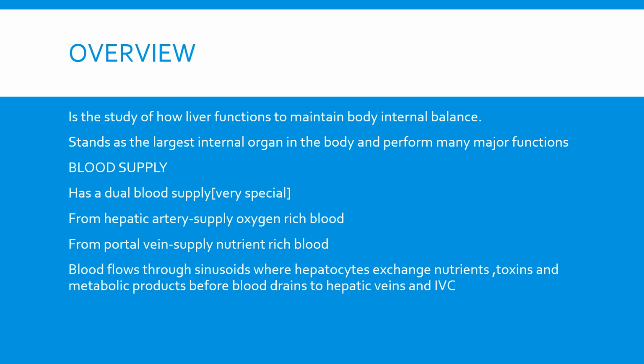The blood supply of the liver is very special and unique because it has a dual blood supply. It's supplied by the hepatic artery, which supplies oxygen rich blood, and also by the portal vein, which supplies nutrient rich blood. Blood flows through sinusoids where hepatocytes exchange nutrients, toxins, and metabolic products before blood drains to hepatic veins and the inferior vena cava.